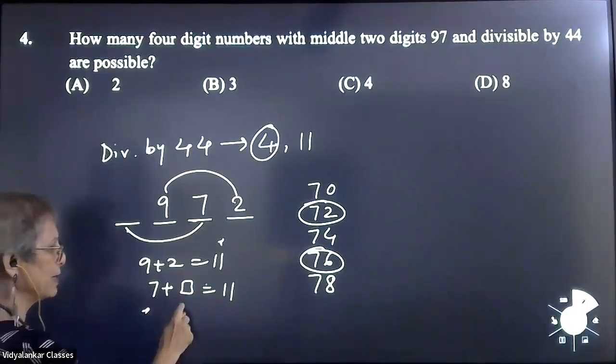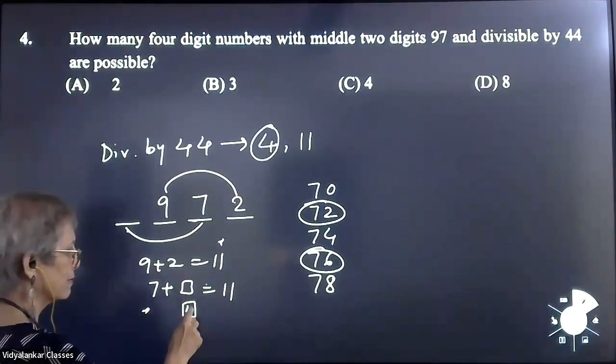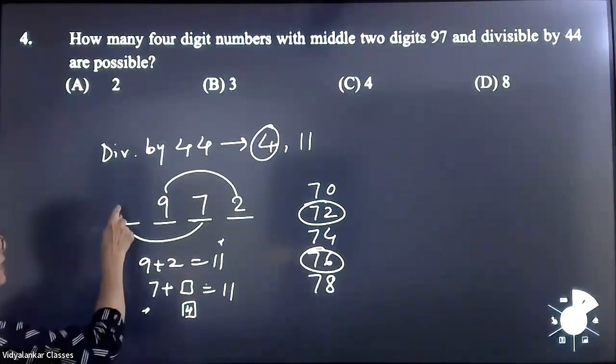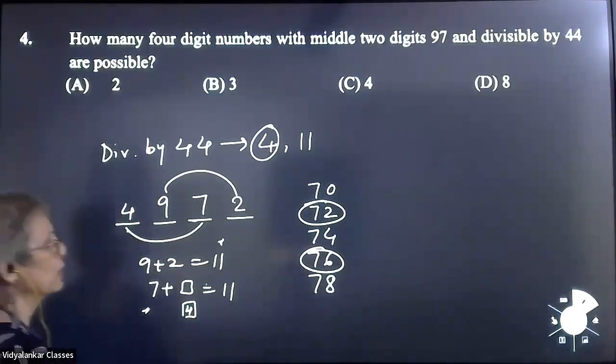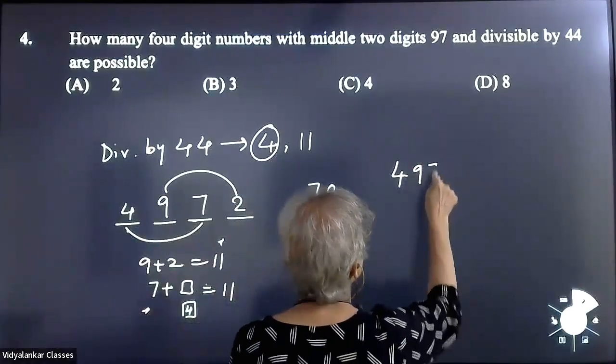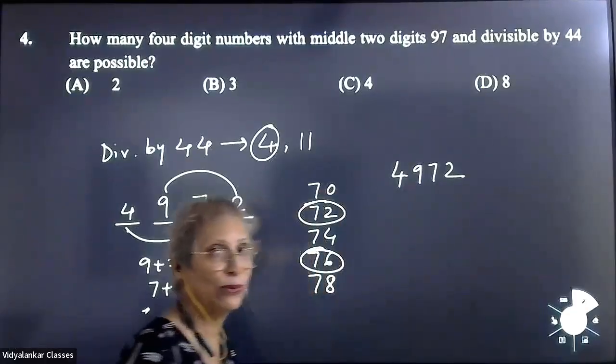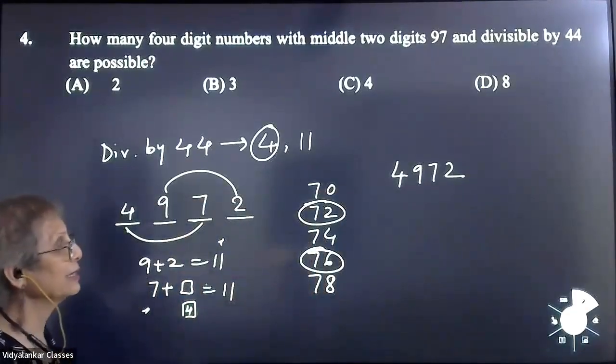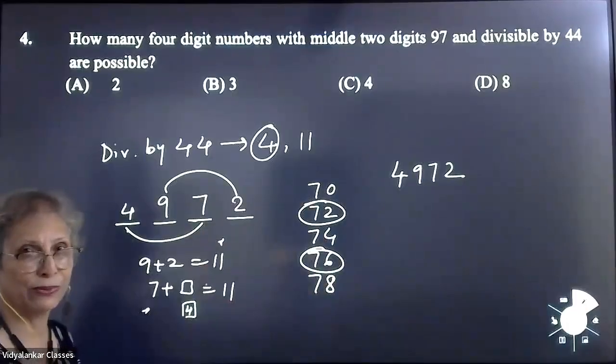So this number must be 4. And therefore here at this place it should be 4. So the first number which we got is 4972, which is divisible by 4 as well as 11, and therefore it is divisible by 44.